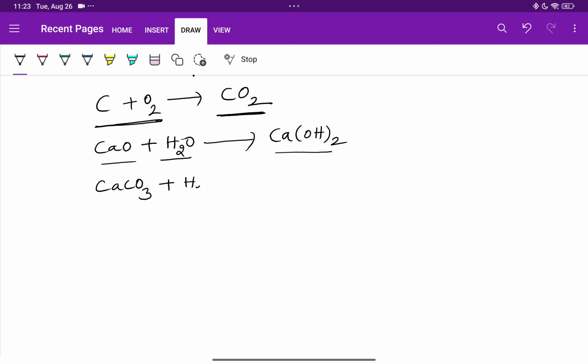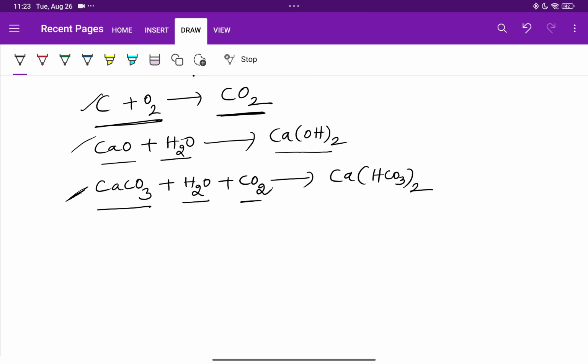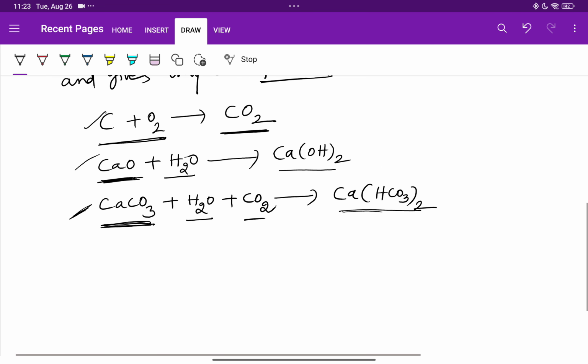CaCO3 plus H2O plus CO2. So calcium carbonate reacting with water and excess carbon dioxide gives calcium bicarbonate. Here CaO is called calcium oxide or quicklime. Here CaCO3 is called limestone or calcium carbonate. We can call it marble also, otherwise chalk.